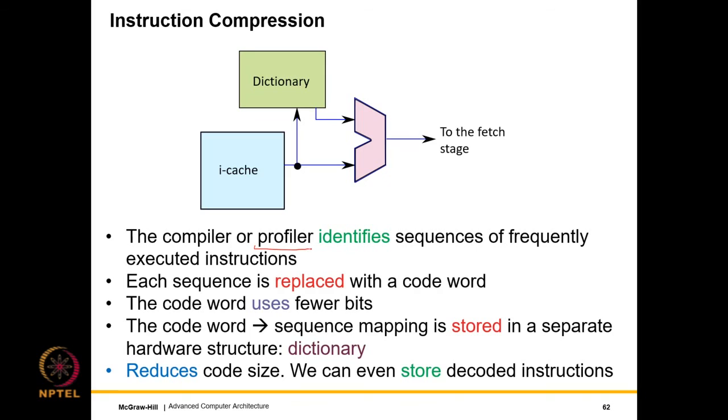A profiler is a special piece of software that runs a program once with representative inputs. The profiler takes a trace of all the instructions that are executed. There are different ways of doing that, but this is too premature a chapter to discuss how to do it. But let's assume that the profiler has some way of seeing all the instructions that the program is executing. Then it can identify sequences of frequently executed instructions, right?